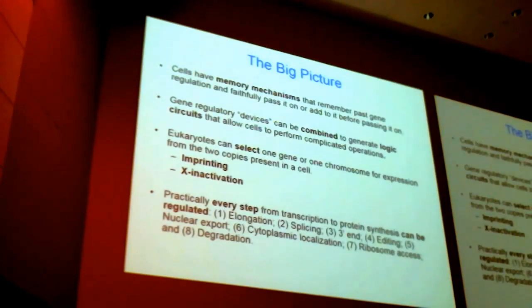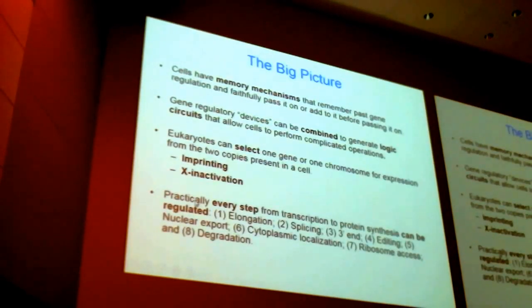So there are mechanisms that select for that, and we'll talk about two such mechanisms, one called imprinting and another called X inactivation. You probably have heard a little bit about these two things, but we'll talk in greater detail about how these mechanisms come to be.